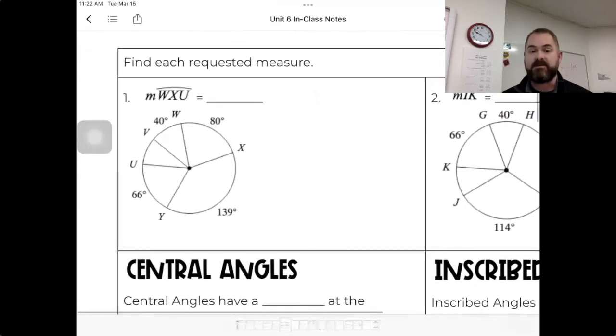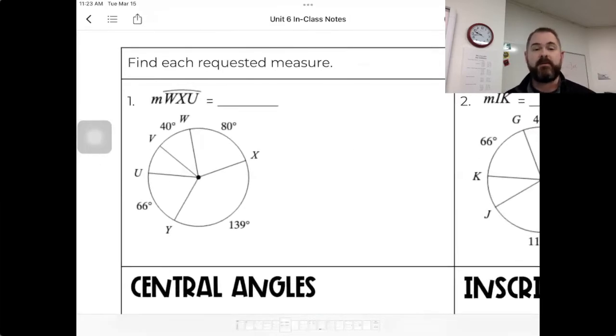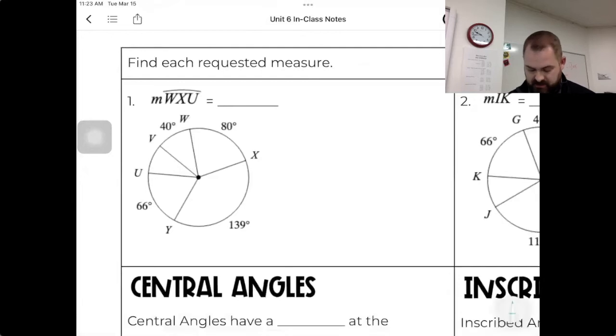So we're going to try a couple examples. You'll remember from lesson 6.1 that if I use 3 letters for an arc, then it's either a semicircle or a major arc. And so if I use the arc WXU, I want the measure of arc WXU, I have to go from point W through point X around to point U. So I have to follow this path that is well more than half the circle.